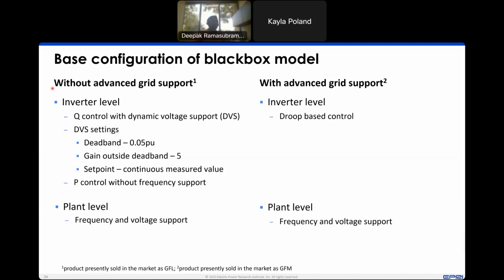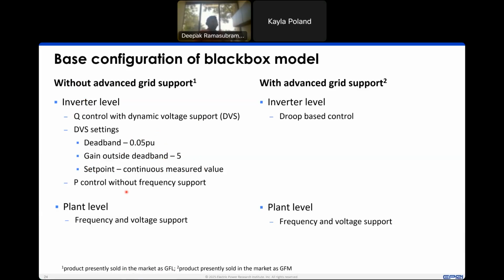The first is what is termed as without advanced grid support, presently sold as grid following in the market by the inverter OEM. It has inverter level reactive power control with some amount of dynamic voltage support. It has a 5% voltage deadband. The gain outside the deadband is 5, and it has a continuously measured set point value.